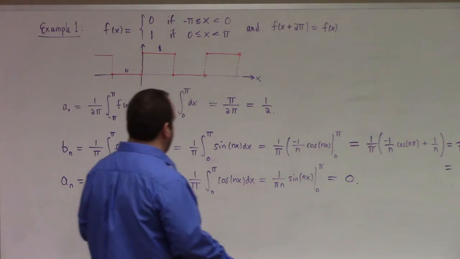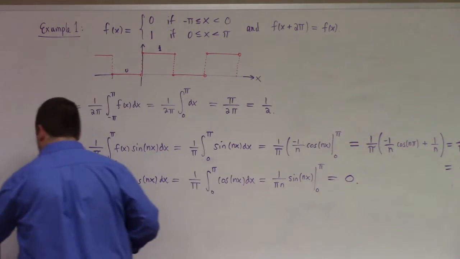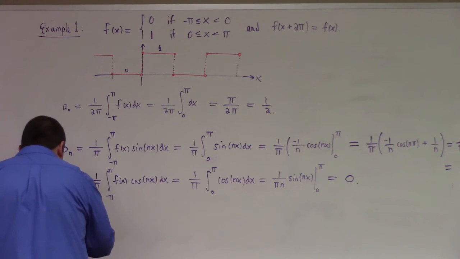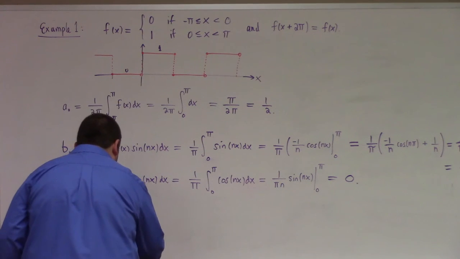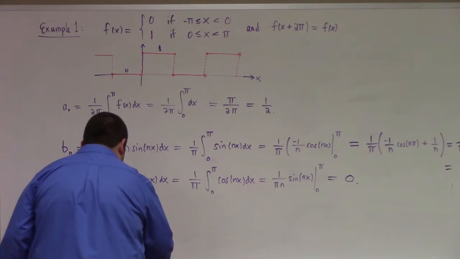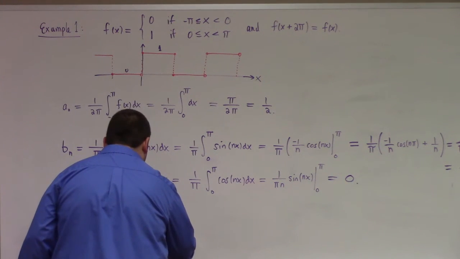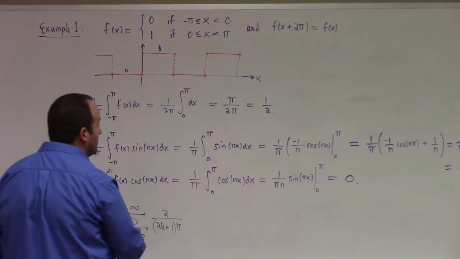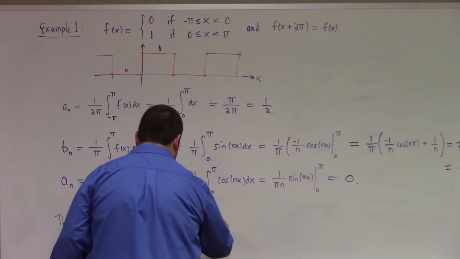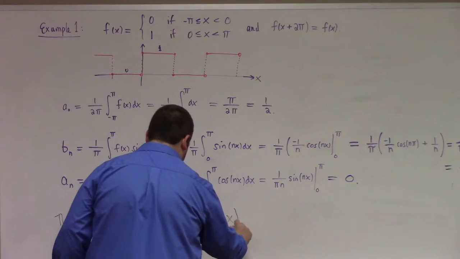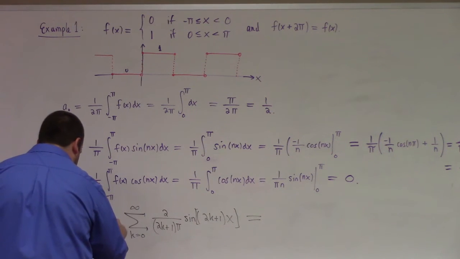So put this together, we get that f of x is equal to a sum, k equals 0 to infinity, of 2 over (2k plus 1) pi times the sine of (2k plus 1) x. Oh, and I forgot something very, very important: 1/2.